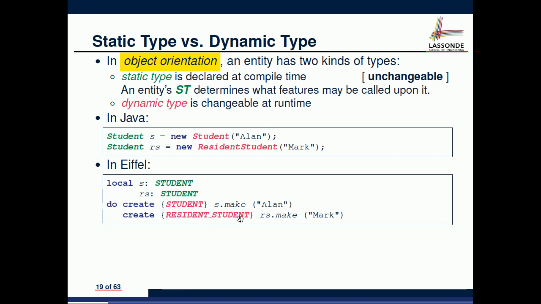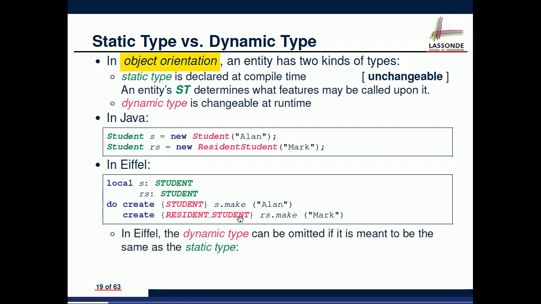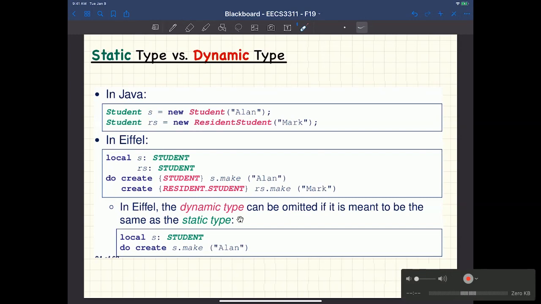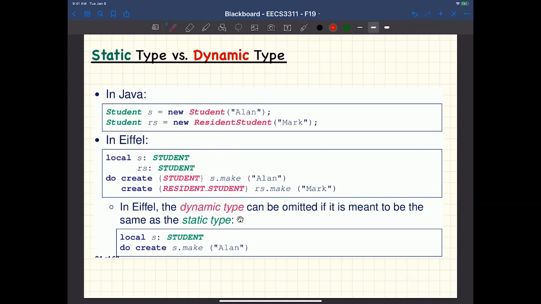Now when the static type and dynamic type happen to be the same, they allow you to have a shorthand for the notation. Have a look at s. For s specifically, you can see the static type is Student, and the dynamic type is also Student.